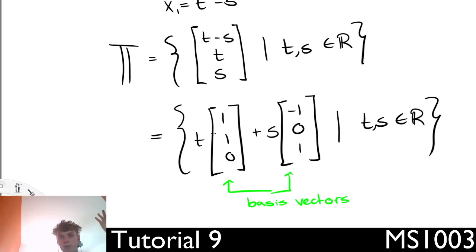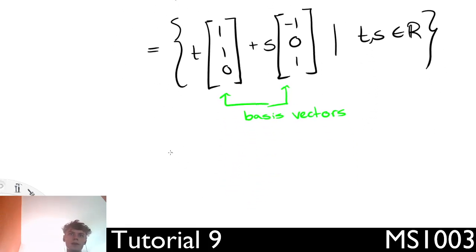Let's say t is 5, and then I can add this vector and multiply by anything I want. You know, let's say minus 3000, and as I vary t and s to every single different value, it'll give me the entire plane pi. So these 2 vectors are a basis for pi, where these 2 vectors span pi.